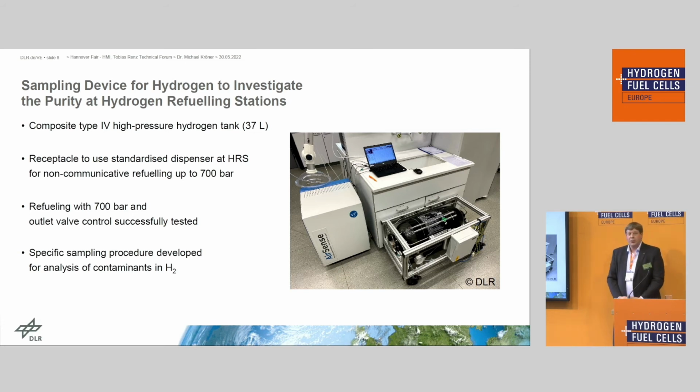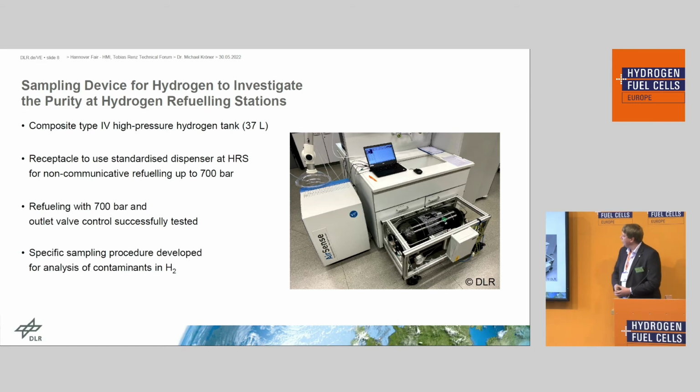Yeah, and I also want to show you how we do this gas sampling. So we developed a system for taking samples at hydrogen refueling stations. That's a bit different to other systems which need a fuel cell vehicle to take the sample. So while you refuel the car, you take a sample and then you put it into a probe vessel.